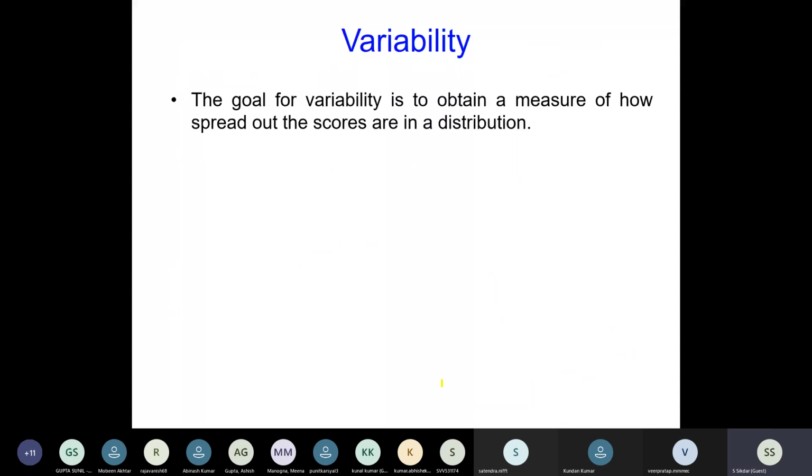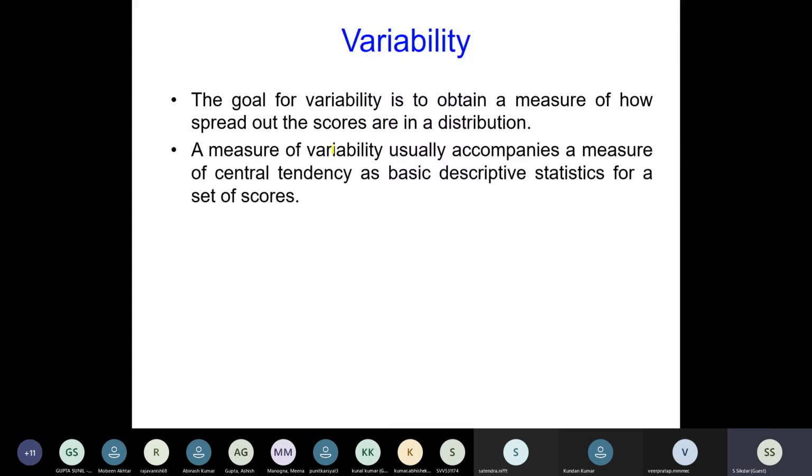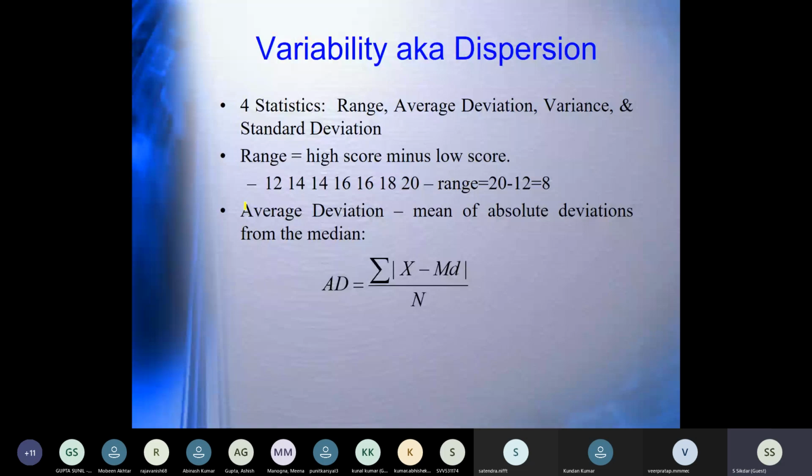Now, as I said, by variability we can get the measure of how the scores are spread out in a distribution. A measure of variability usually accompanies a measure of central tendency as basic descriptive statistics for a set of scores. Now, to see how the variability looks, first is the range.